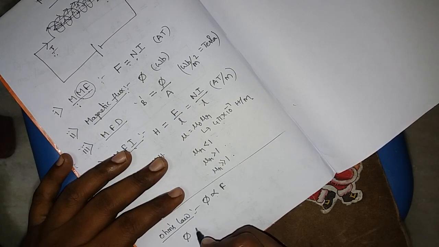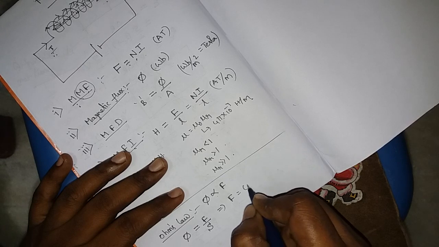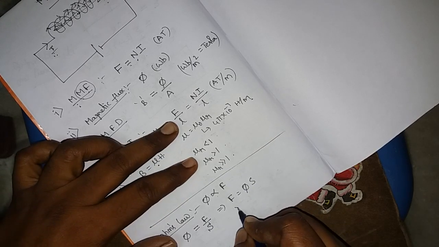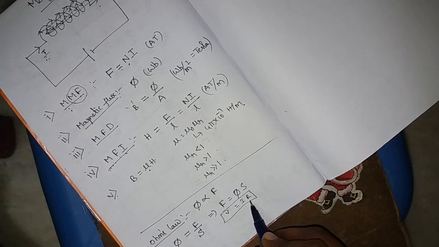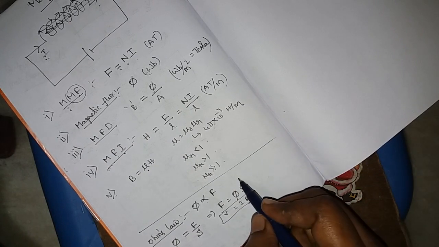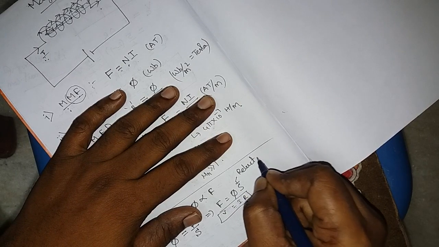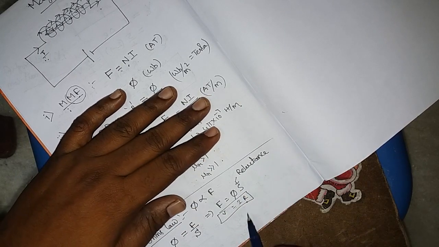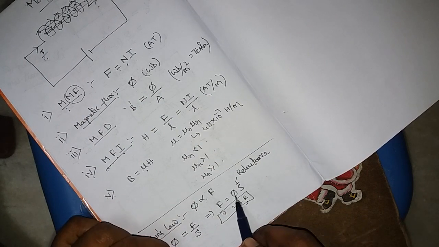That is, phi is equal to F by S, or we can also say F is equal to phi into S. It is like the formula V is equal to IR, where R is the resistance which opposes the flow of current, and here S is called reluctance. This resistance opposes the current, this reluctance opposes the flux.